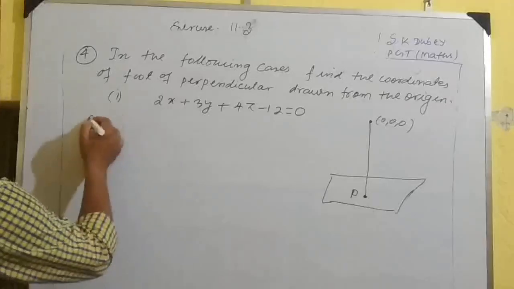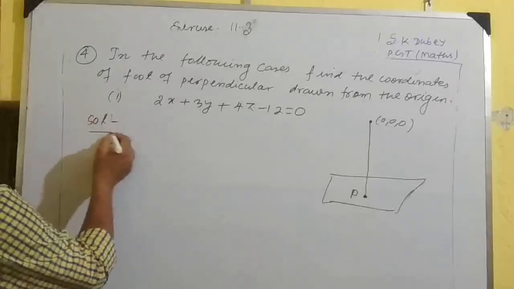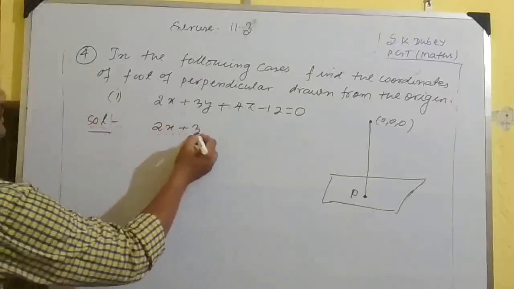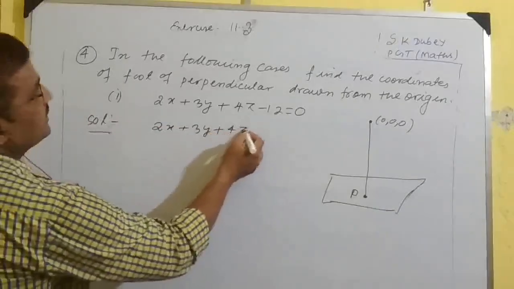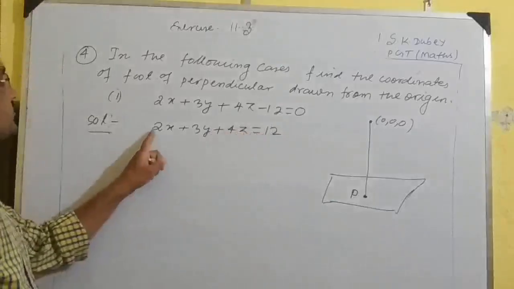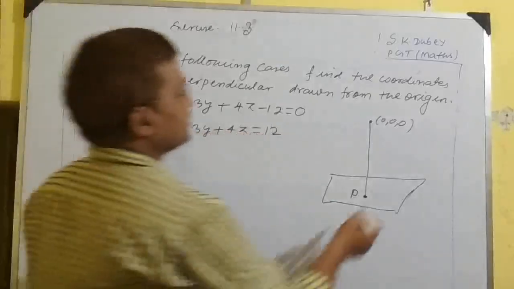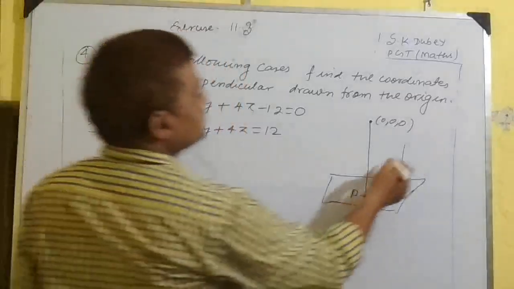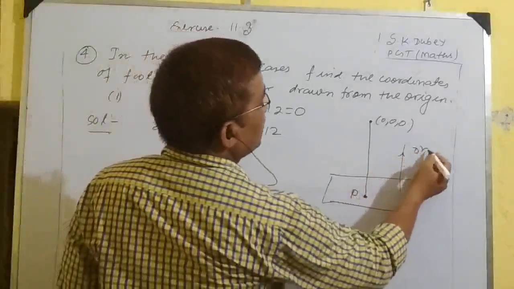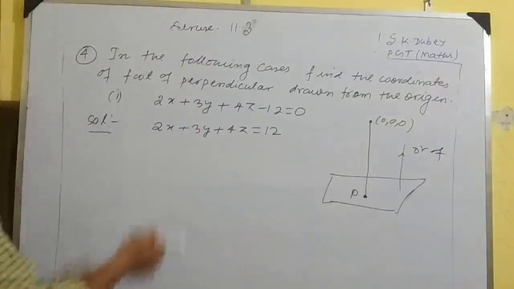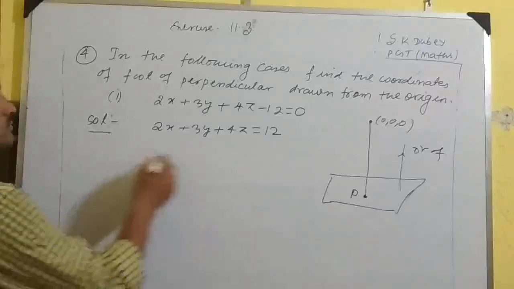Now this plane can be written as 2x plus 3y plus 4z is equal to 12. Here 2, 3, 4 is the direction ratio of any line which is perpendicular to the plane.